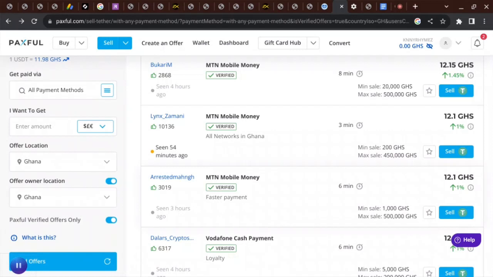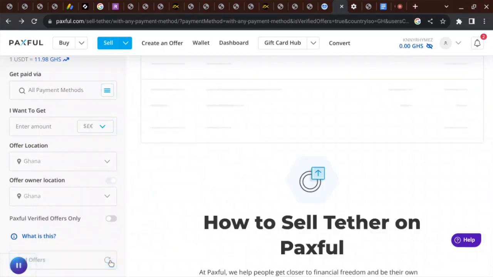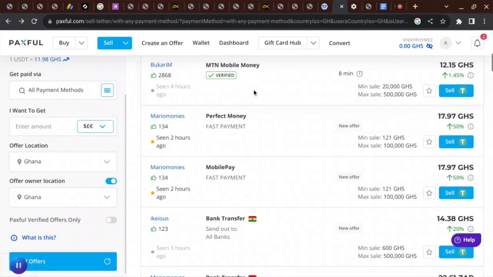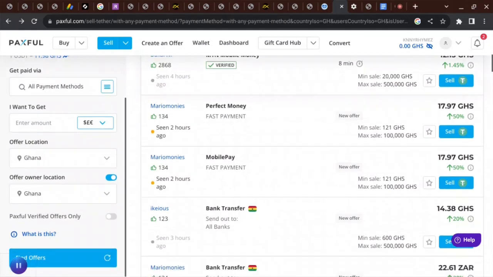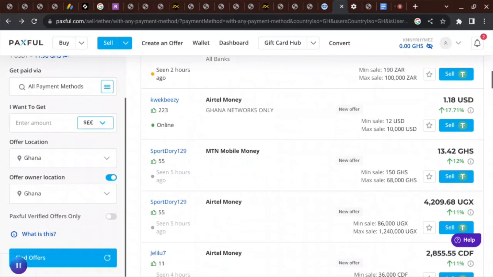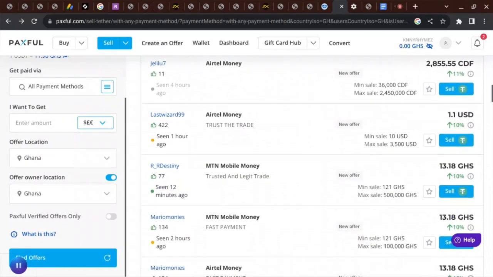So it will be very hard for them to jump into the trusted offers. But that doesn't mean that they are scammers. No, they are not. Some are, but some are not. So you can find a good rate and start to do your trade with them.